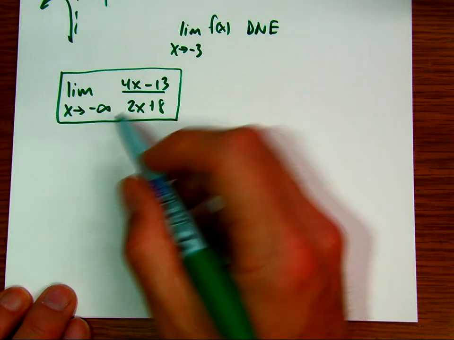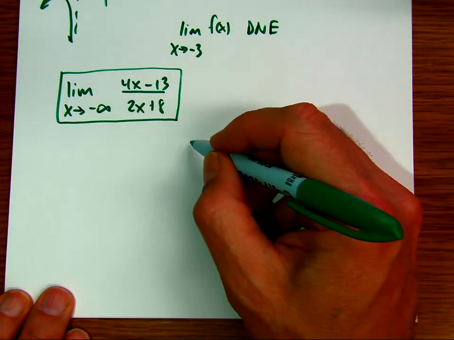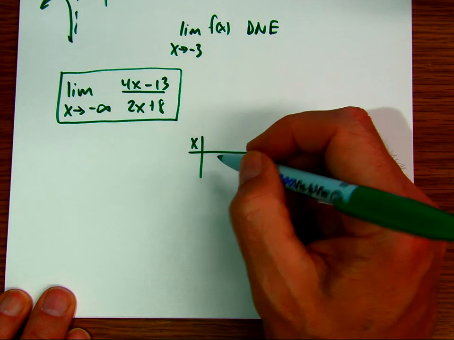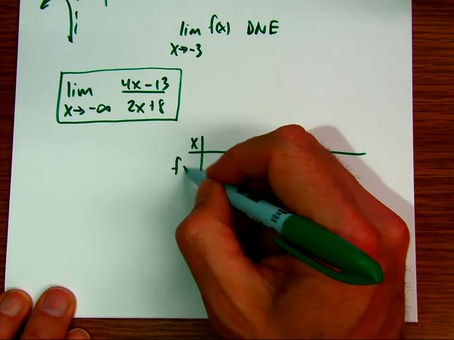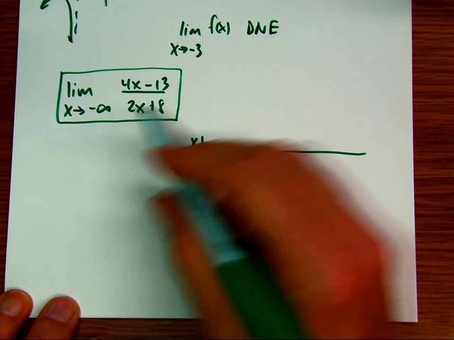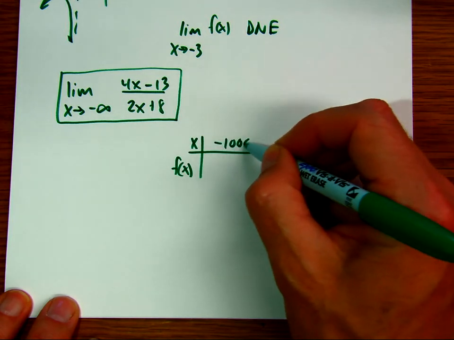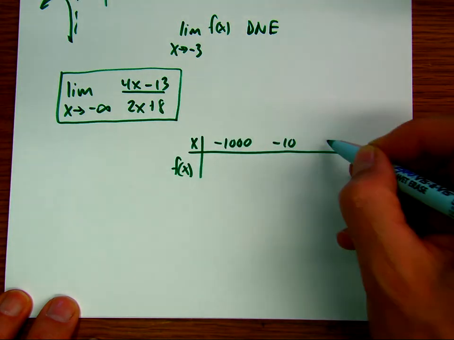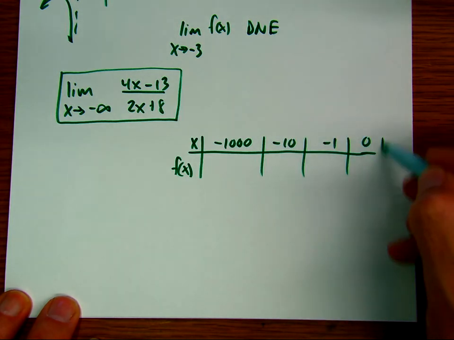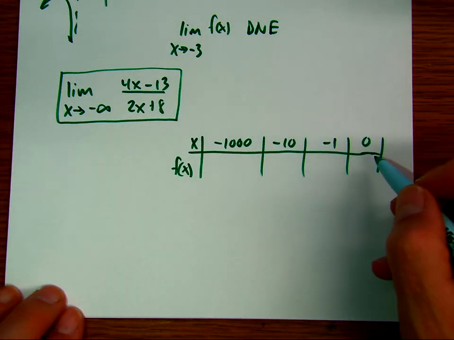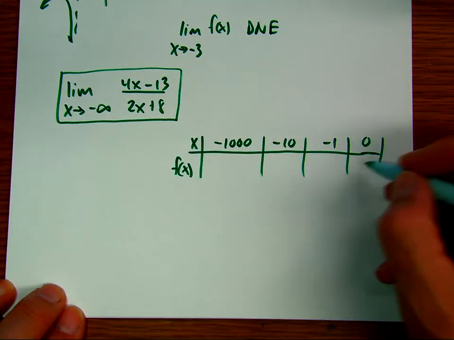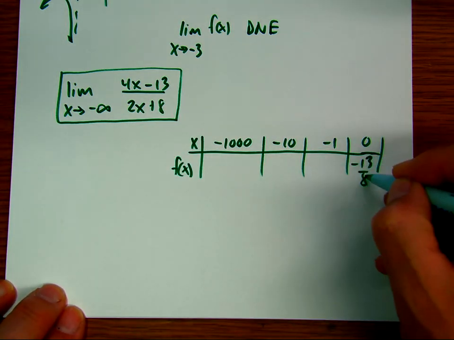So here we're going to -infinity, and that changes where we look on the graph, and it also changes which numbers we use in the table. If we're going to -infinity, we just want to choose some large numbers. We can see what's happening here: when we substitute a 0, we get -13/8.